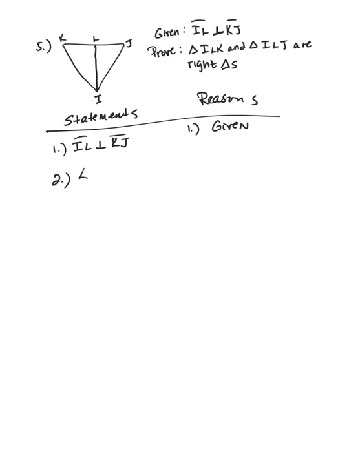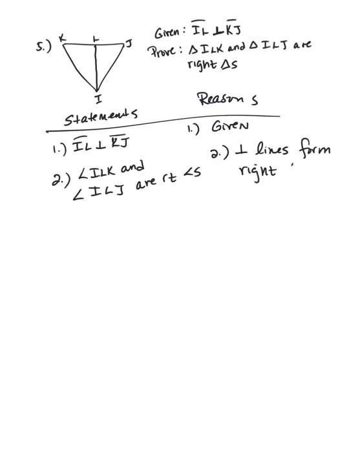Angle ILK and angle ILJ are right angles. And the reason for that is that perpendicular lines form right angles. Okay, so notice I was given perpendicular, and perpendicular became my reason in line 2.